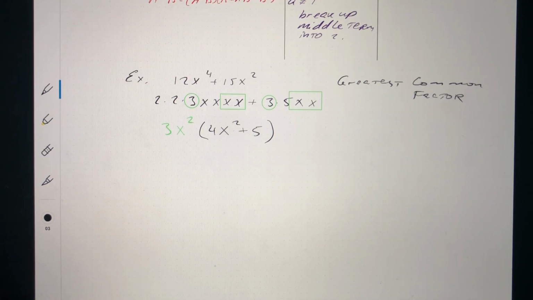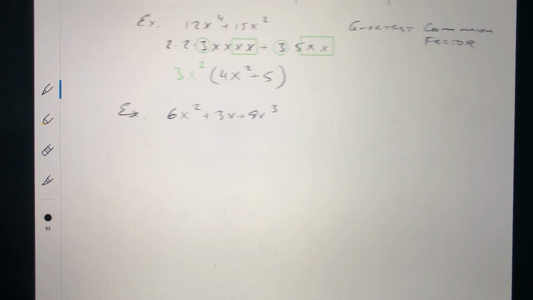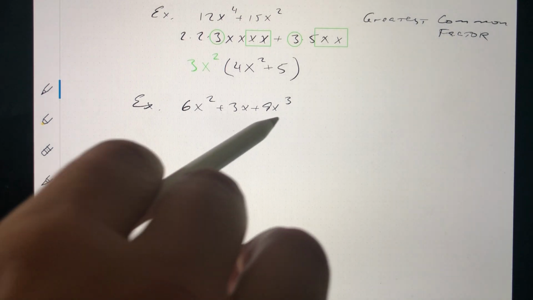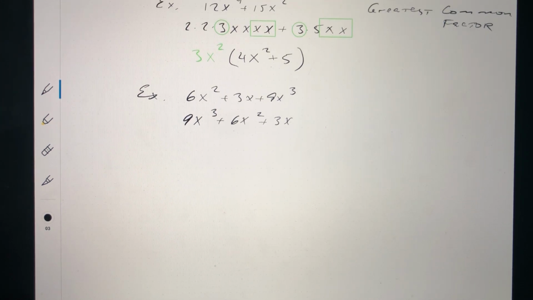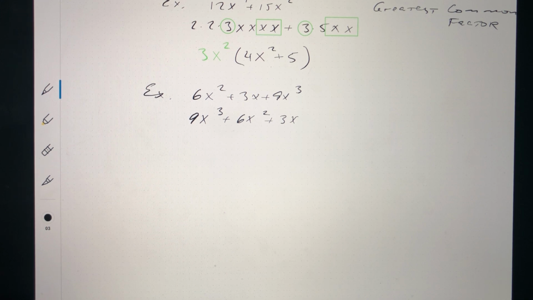The next example is, let's factor 6x squared plus 3x plus 9x cubed. Now, this one is not written in standard form because the highest power is not first. So rearranging in standard form, we have 9x cubed plus 6x squared plus 3x. Now from here we factor out the greatest common factor.